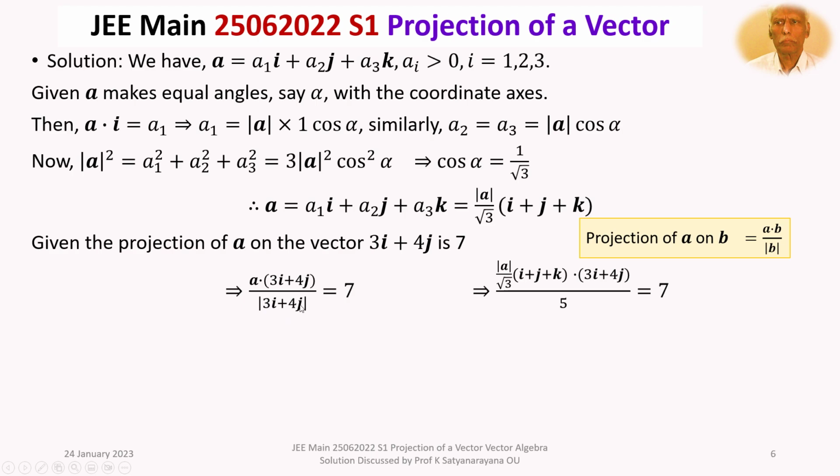Mod of 3i plus 4j is under the square root of 3 square plus 4 square, that is under the square root of 25, that is 5.